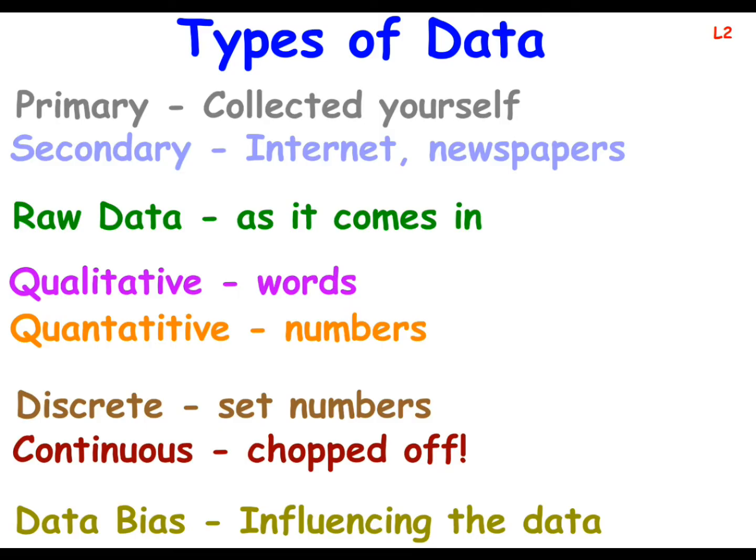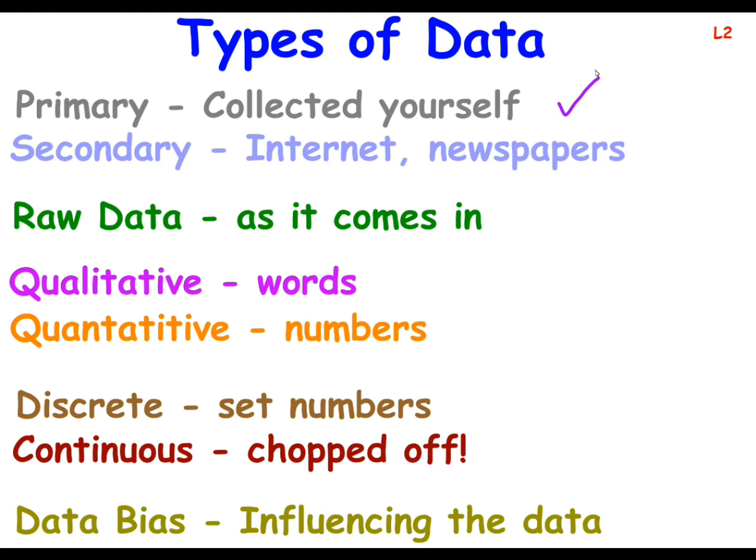Now, let's look at some of the terminology that you might hear when you're using data. Again, I'm unsure whether you'll get tested on this in the exam, but let's do it just to make sure. Primary data is data that you collect yourself. In other words, you go out with your clipboard, you ask people the question, they give you the answer, and you fill out your own questionnaire.